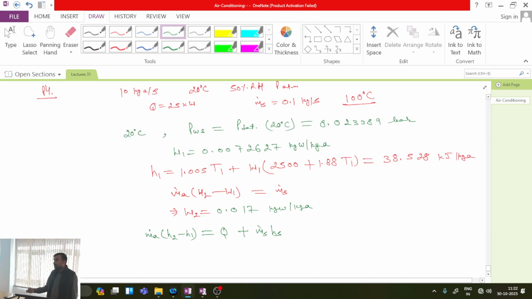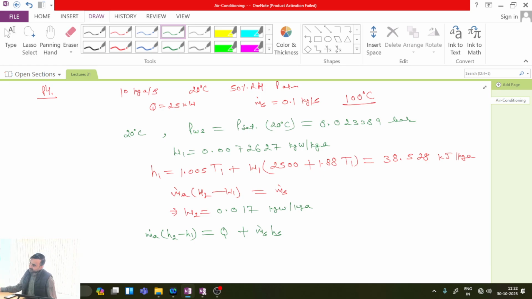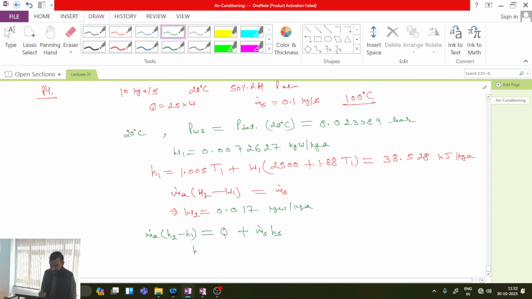Now how to calculate Hs? Hg at 100 degrees Celsius. Okay, so Hs will be nothing but equal to Hg at 100 degrees Celsius.